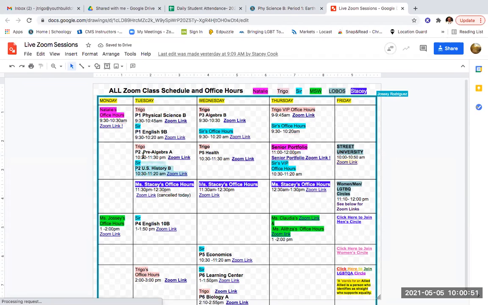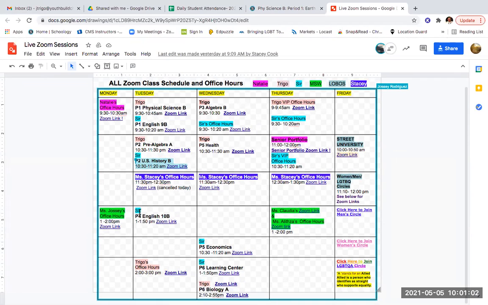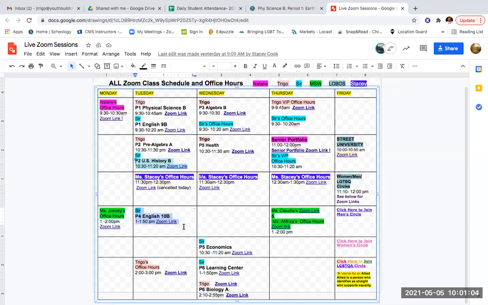Period two, I teach pre-algebra, and in period two, he teaches history at the same time. But you're not in any of those classes, huh? You're only in this one. Yeah, the ones I took a picture of. So what time is that? That is for period 6, when is it? 1 to 1:50. All right. Okay. Oh, you know what? Let me stop recording. Oh, my bad. You're still recording? Yes.